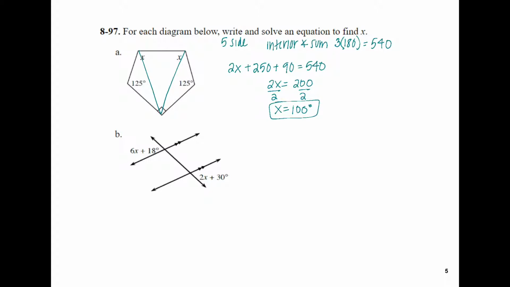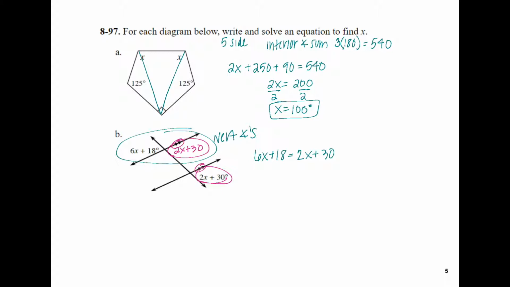Looking at B, I know that these two lines are parallel, so I know that this angle corresponds to this angle, which is 2x plus 30. I then know that these two angles are vertical angles. Vertical angles are equal, so I can set 6x plus 18 equal to 2x plus 30.